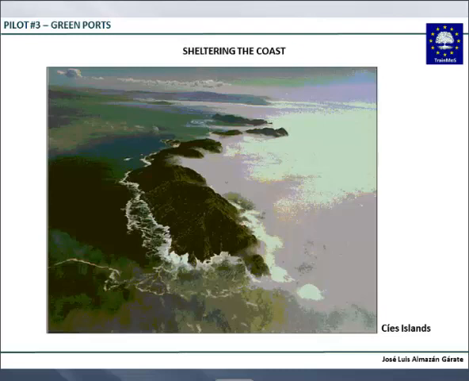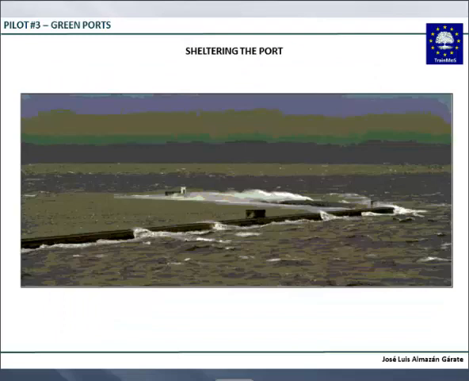This is a man-made structure that has the objective of sheltering water to permit the port operation and distinguish between water with a high content of energy, where the port's commercial operations are impossible, and quiet waters where commercial operations are possible. This is the objective of these so-called breakwaters.